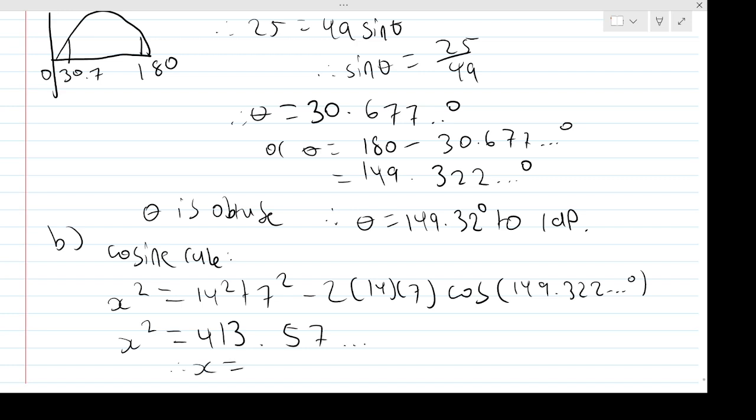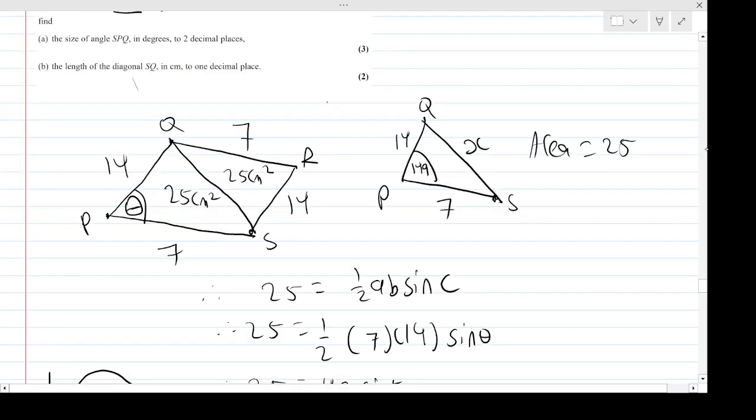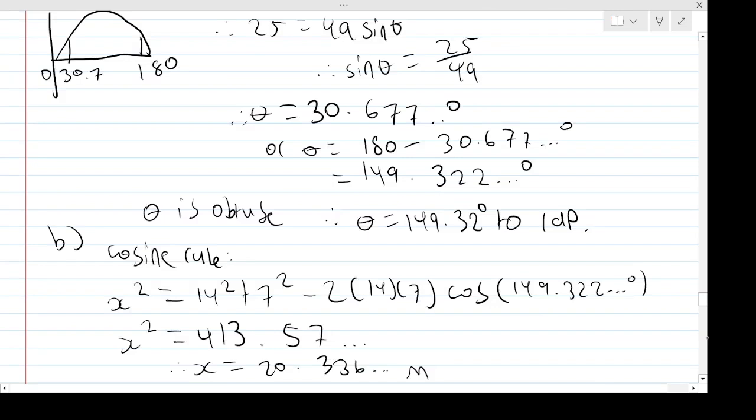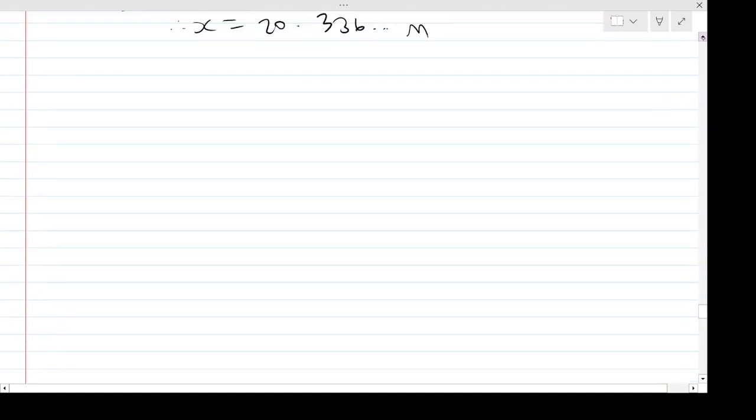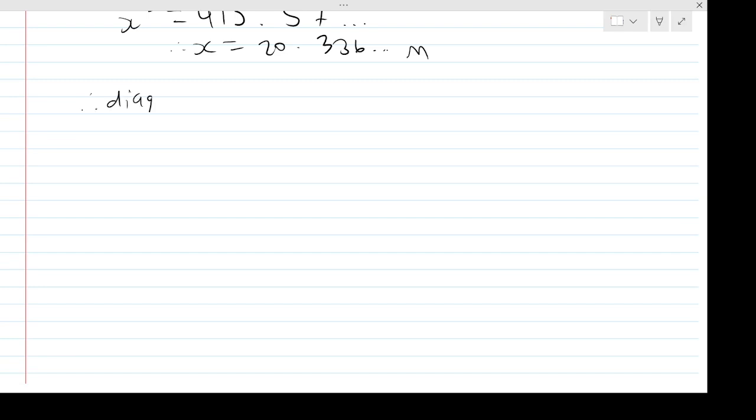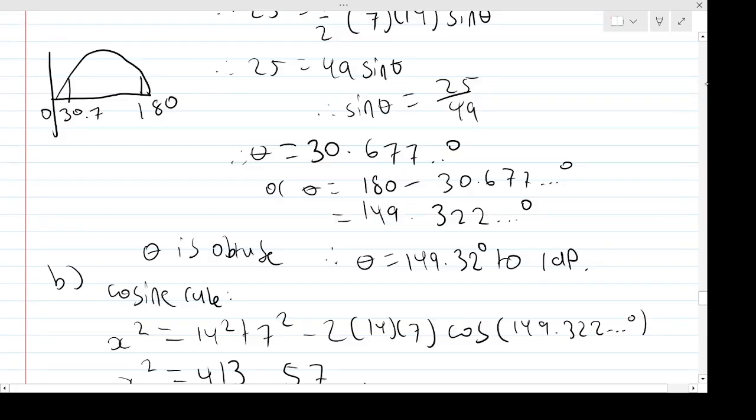So x, if I square root that, I get 20.336 blah blah blah meters, is it? Centimeters, okay. Well then, that's the length SQ, that's the diagonal. So therefore, to 1 decimal place, diagonal SQ equals 20.3 centimeters.